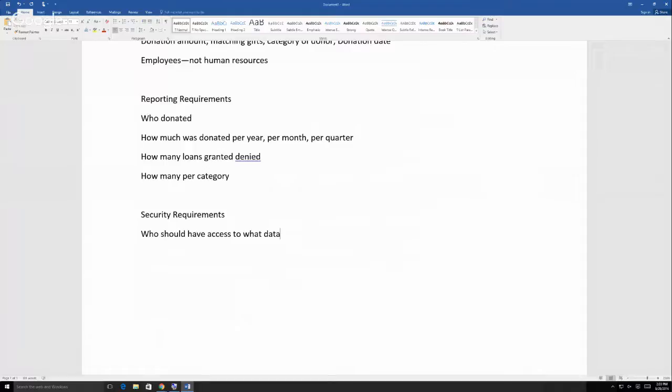Those are kinds of security things. The employees, if we have different categories of employees, are there some that should be able to do some things and not others? There are all those kinds of things. What kind of information do you have to protect in this? Right, you have all the clients.